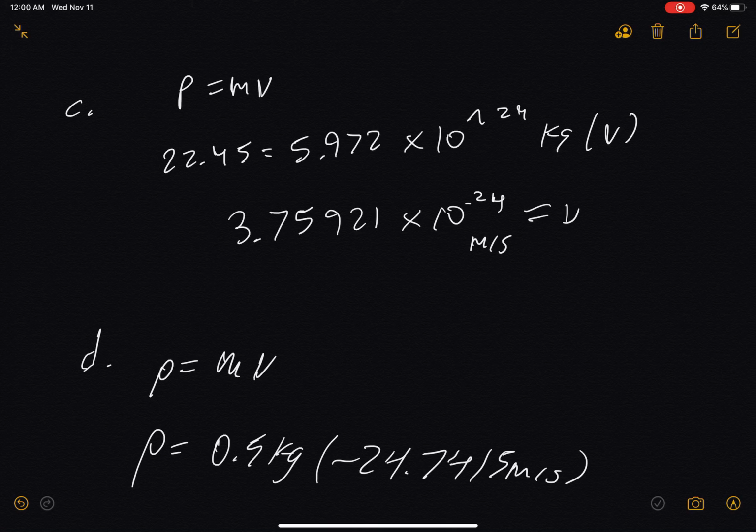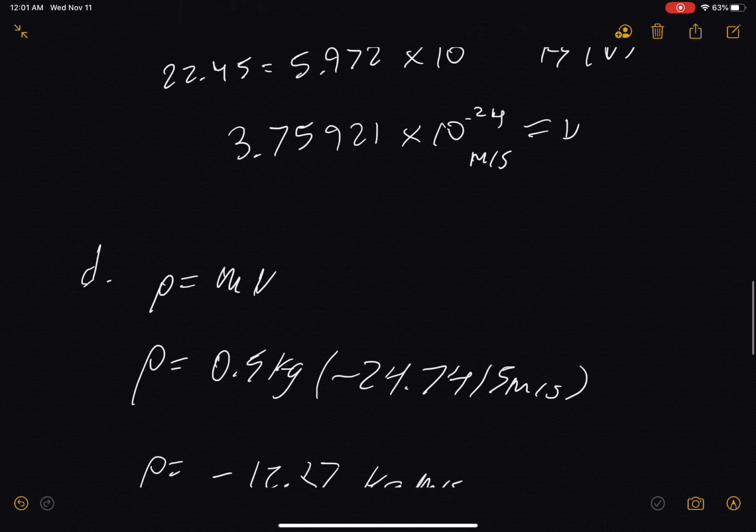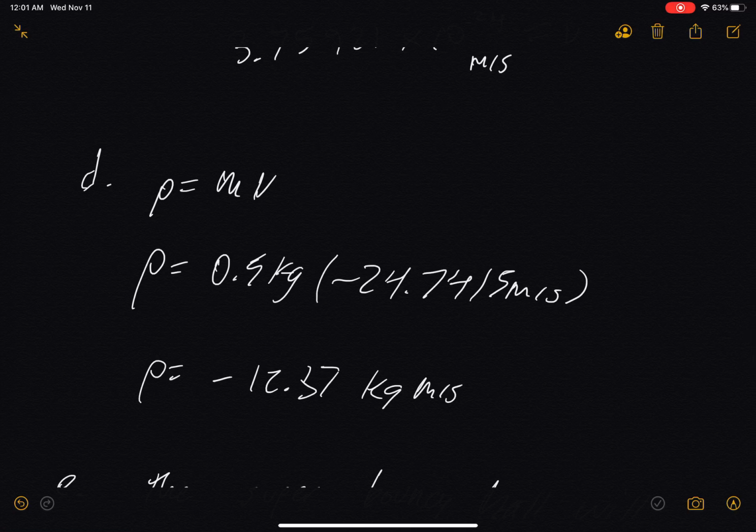This is part D now. If the super bouncy ball were replaced with an equal mass sticky clay ball, what would be the value of the impulse the ground experiences due to its interaction with the clay ball? This time, we only need to look at the value for velocity that occurs before the collision with the ground. So our V final that we found earlier, the speed of the ball before it hits the ground, we're going to use that in our impulse equation.